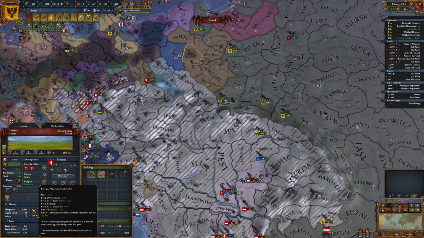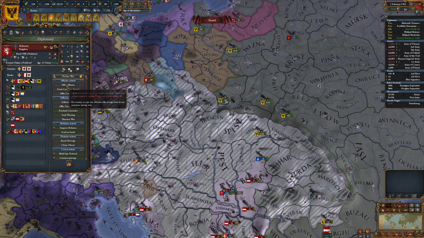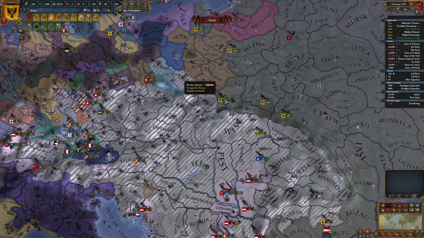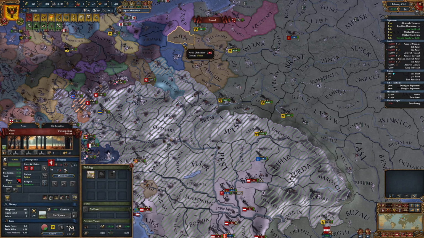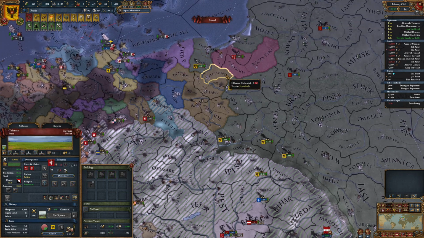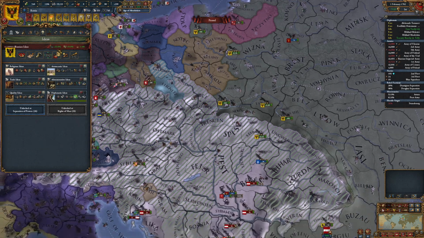I'm going to have to be a bit smart about this, because I might not be able to take Bohemia as a vassal anyway.